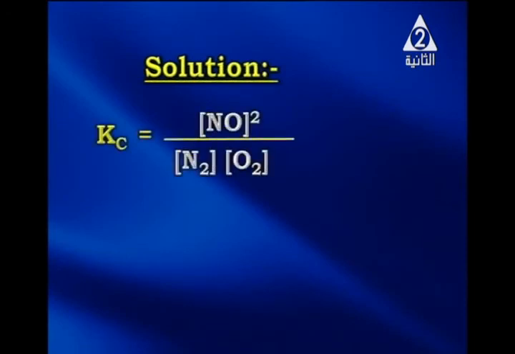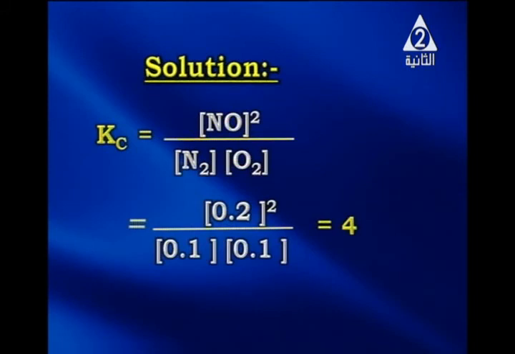Here the solution: Kc equals the concentration of nitric oxide power 2 over the concentration of nitrogen times concentration of oxygen. So equals 0.2 power 2 over 0.1 times 0.1. So equals 4.